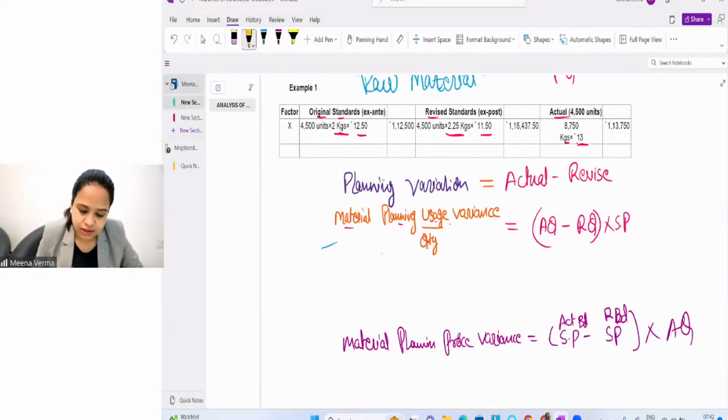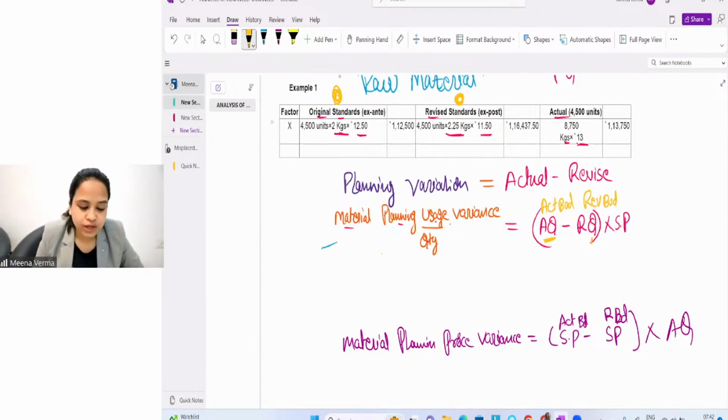They have given you the information about the actual quantity and revised quantity. This is the actual quantity in the actual budget, and this is the revised standard quantity from the revised budget. So this was your original budget, and this was your revised budget. It was all done by the strategic level manager.